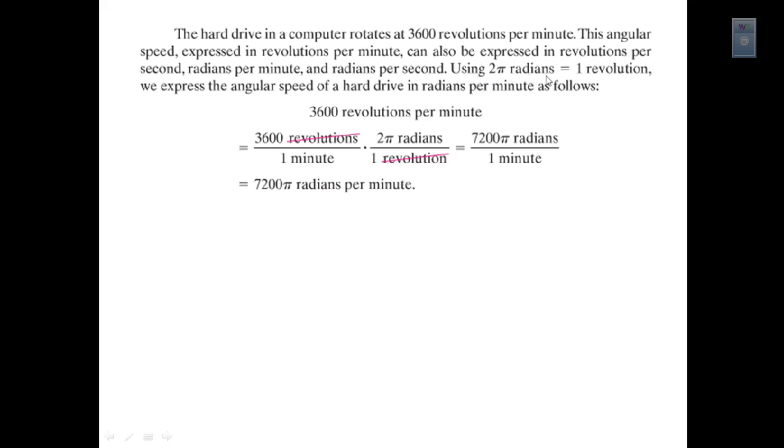Using 2 pi radians equals 1 revolution, we express the angular speed of the hard drive in radians per minute as follows. 3,600 revolutions per minute times 2 pi radians per revolution equals 7,200 pi radians per minute. So in other words, it's going to go 7,200 pi radians per minute.